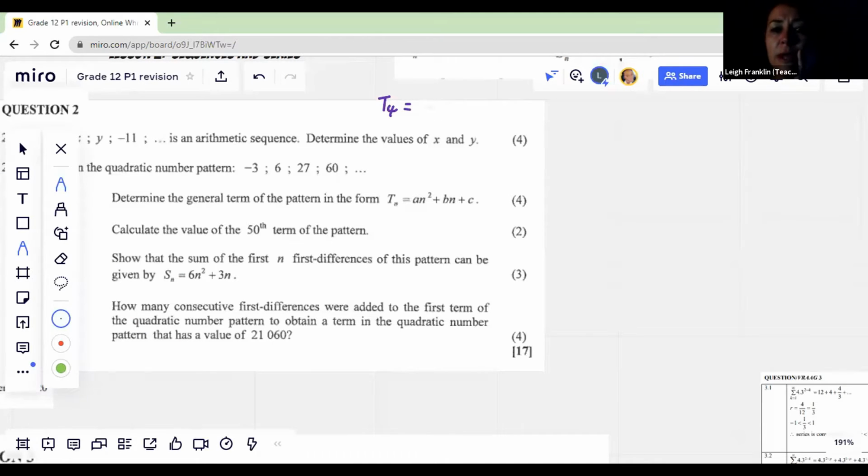Term 4 is going to be A plus 3 differences. Good, Matrix. Excellent. We can see that term 4 is negative 11. We already know that A is 7, don't we, Kanya? Plus 3D. Very good. So then what is D going to be equal to?